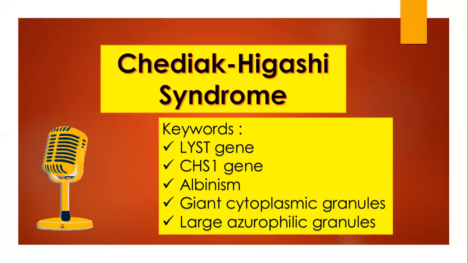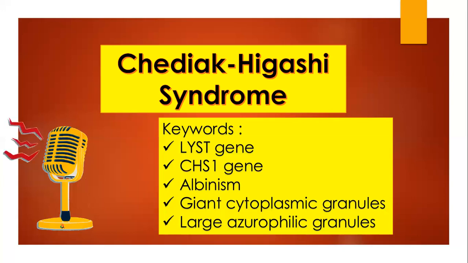So, what is the main gene that causes Chediak-Higashi syndrome? The underlying defect is a mutation in the gene CHS1, or the gene LYST. This gene is responsible for the regulation of lysosomal trafficking and the synthesis, fusion, and transport of cytoplasmic granules.